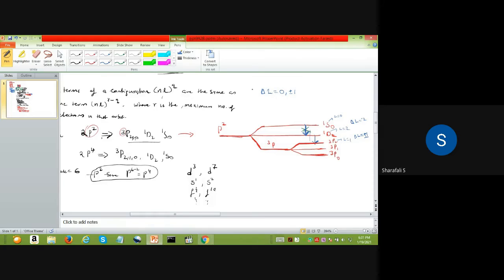For delta L it is allowed. If you consider delta S, capital S, what will that be? It should be equal to 0. That is not valid here because here we have capital S value which is 0, and here we have capital S value which is 1. So this is again not allowed.